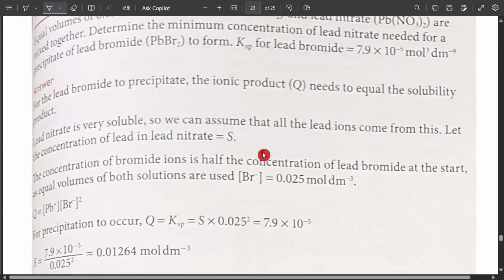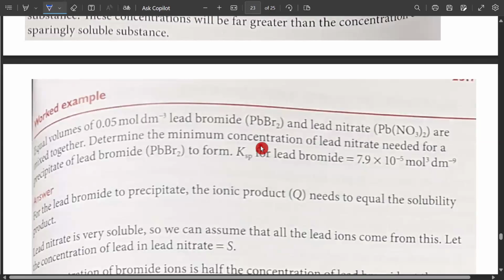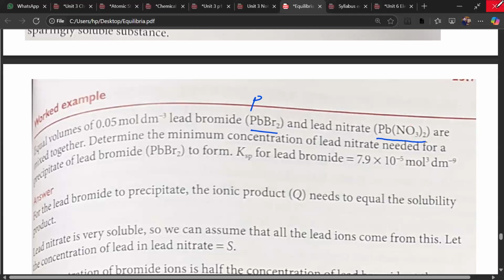So basically, we have two compounds: PbBr2, this one, and we have the lead nitrate. They are these two ions over here. As a result of these two compounds, the Pb ion will be the common ion.